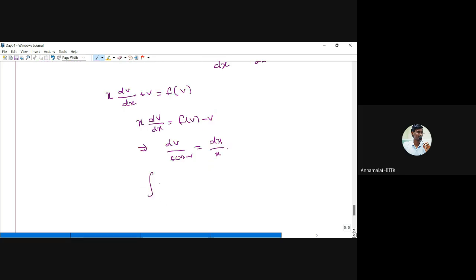If you integrate both sides, you get the integral of dv by f of v minus v, and this side is the integral of dx by x, plus we get a constant. The integration of 1 by x is log x. Therefore, we can write log x plus c.